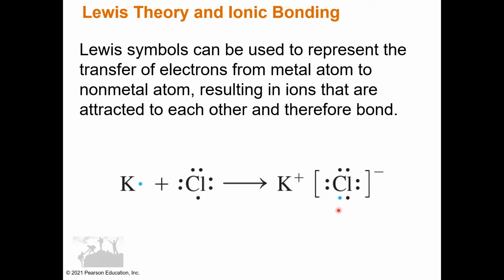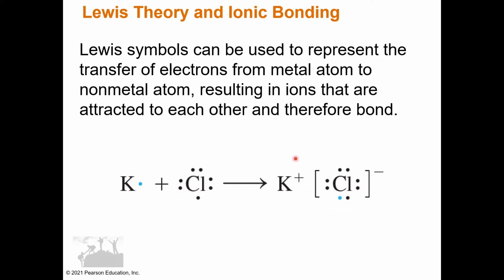Now, if you've learned about Lewis structures before, you probably would have drawn lines to connect 2 different atoms. Well, here's the thing. That line represents shared electrons. There are no electrons being shared here. They were transferred.